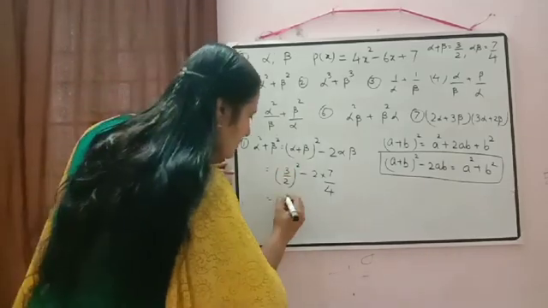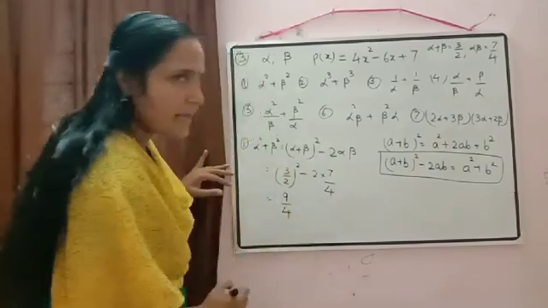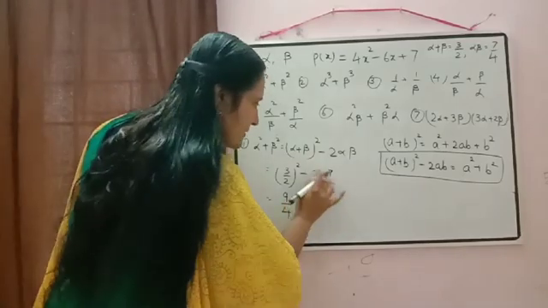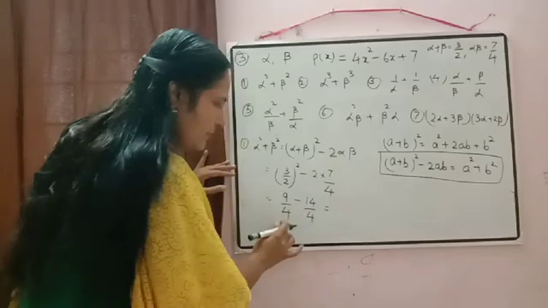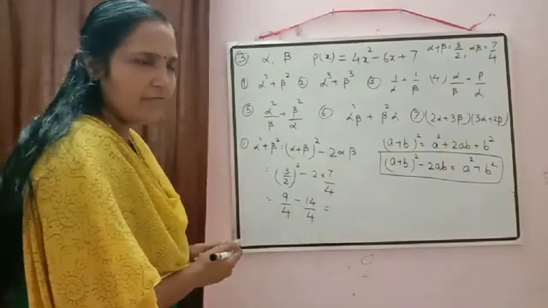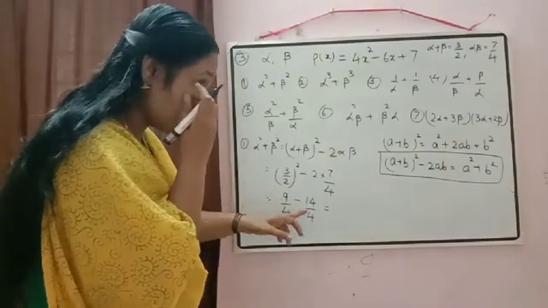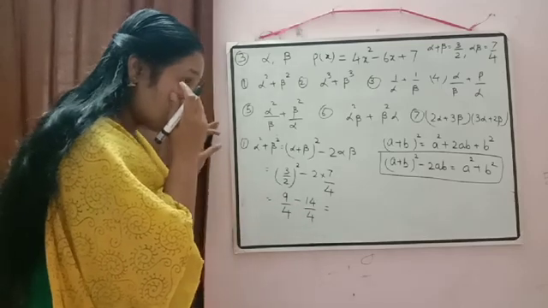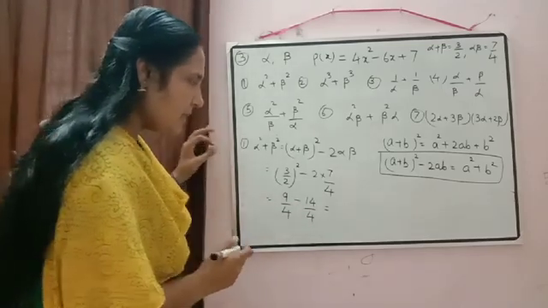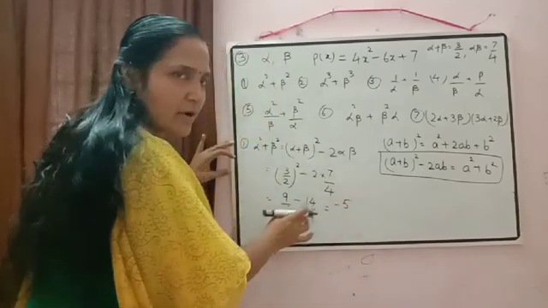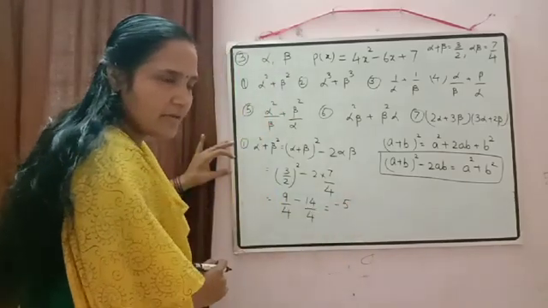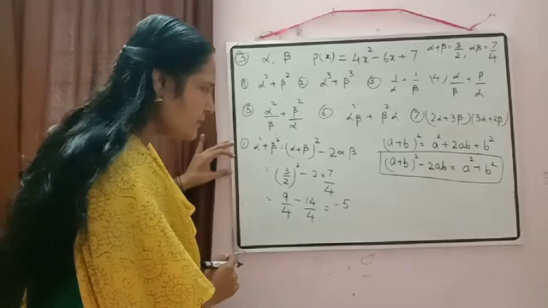3 by 2 the whole square, that will be equal to 9 by 4 minus 2 sevens are 14 by 4. So 9 by 4 minus 14 by 4. What will be equal to 9 minus 14? Yes, 9 minus 14 will be equal to minus 5. 14 minus 9 will be equal to how much?